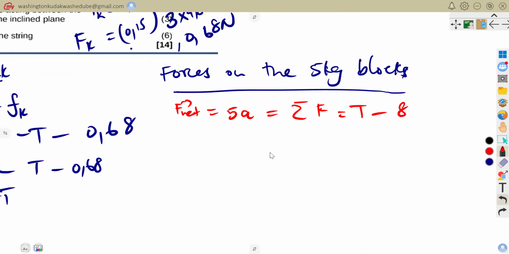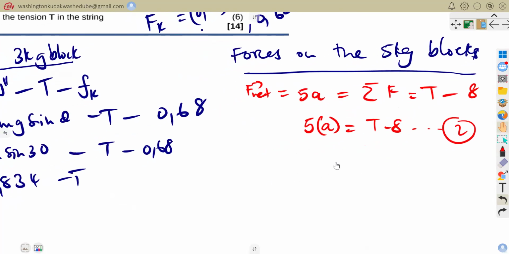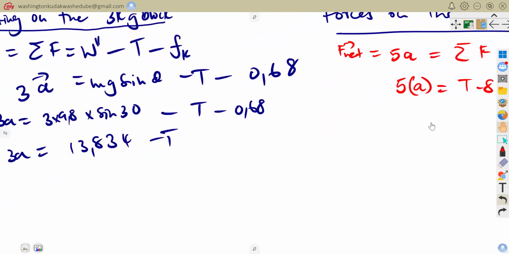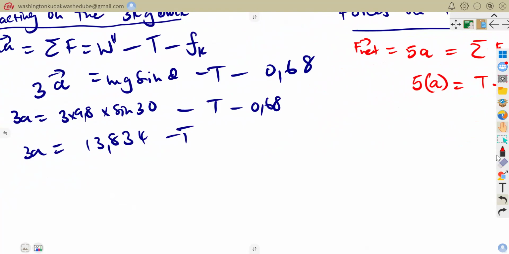So I am left with 5 times my acceleration being equal to T minus 8, and that is my equation 2. Now I have equation 1 and equation 2. I can copy equation 2 below here, where 5a is equal to T minus 8.